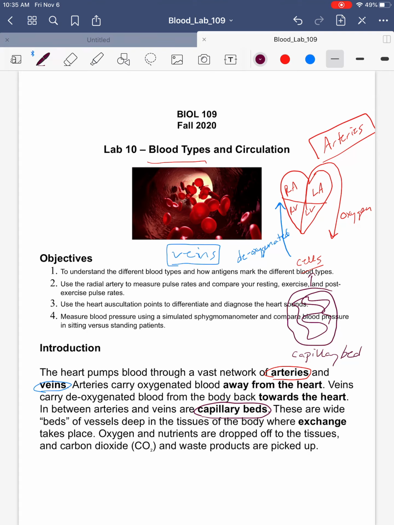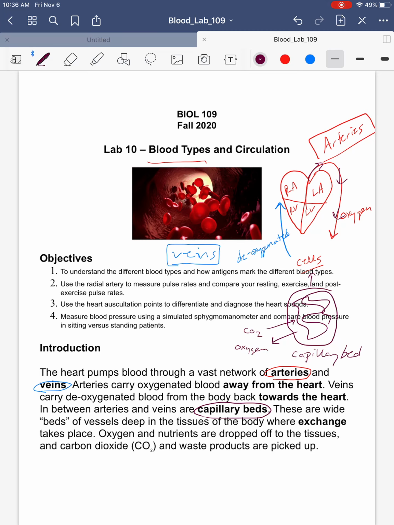So if we were to do this in order, we would see that the heart pumps out blood that is oxygenated through the arteries, and it leads to the cells, and it leads to the capillary bed. At the capillary bed, oxygen gets dropped off, and then carbon dioxide gets picked up.